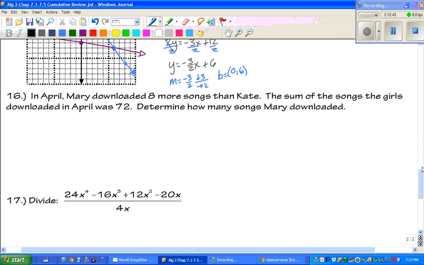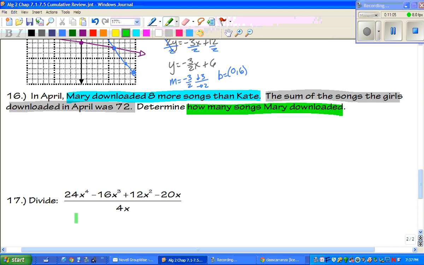Number 16. In April, Mary downloaded 8 more songs than Katie. The sum of the songs downloaded in April was 72. I want to know, how many songs did Mary download? So, here we go.